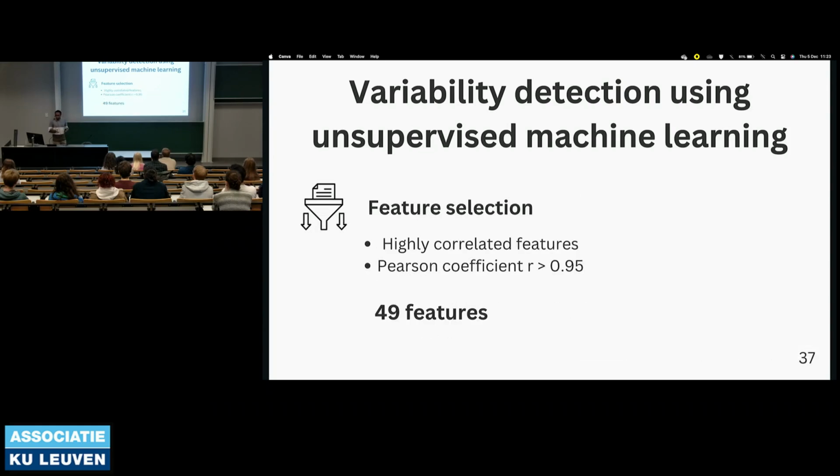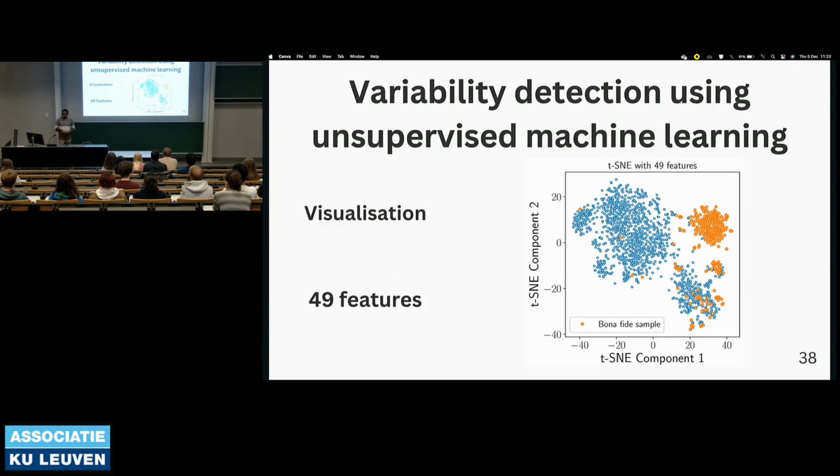So now we have these features. We need to select which ones are the most important and meaningful for our analysis. So we remove all of the highly correlated features, and we end up with 49 features.